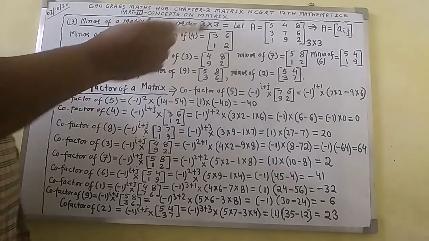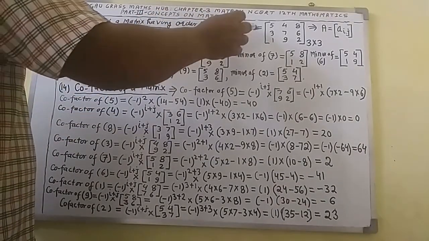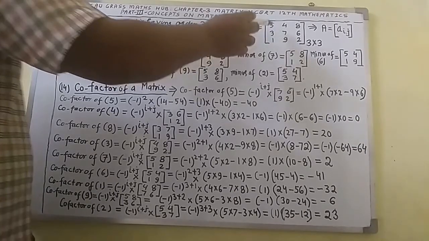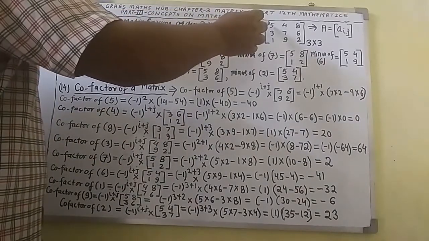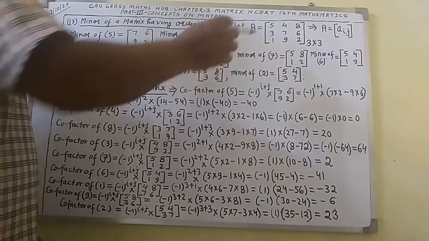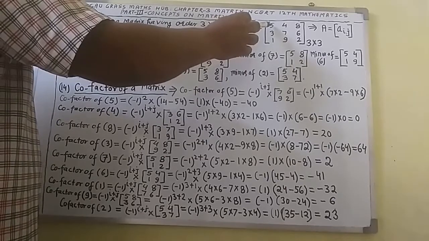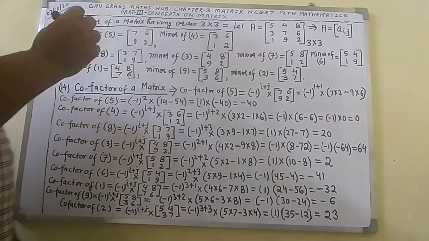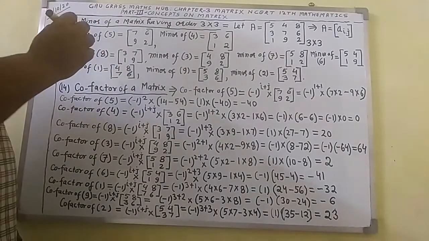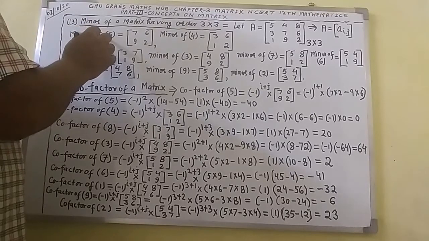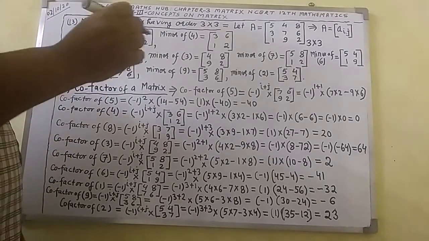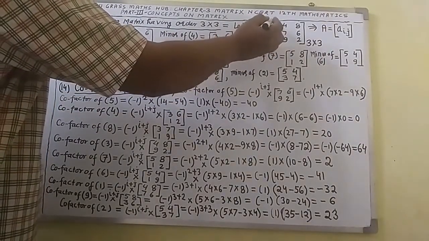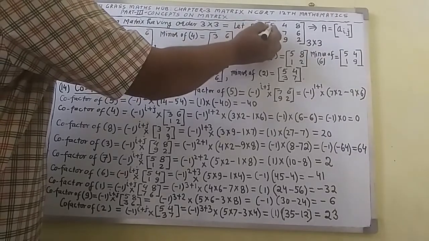Now in the matrix capital A, you can see here the element 5 is in the first row and the first column. Then when you find the minor of element 5, here I have to find the minor of element 5.